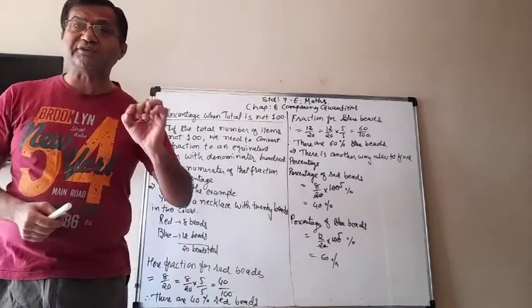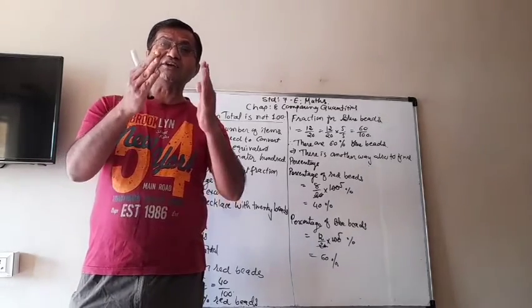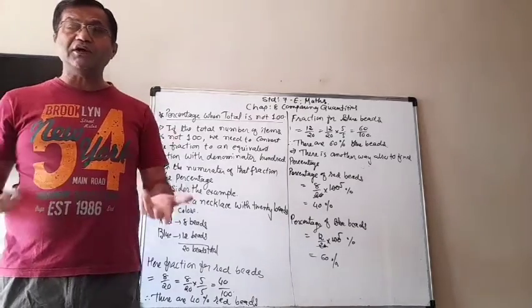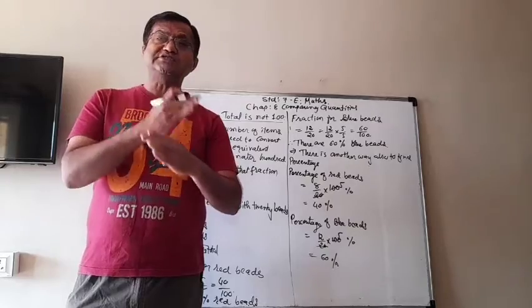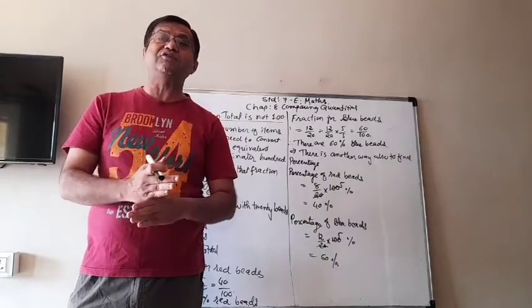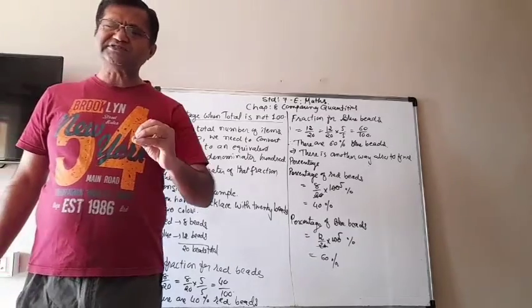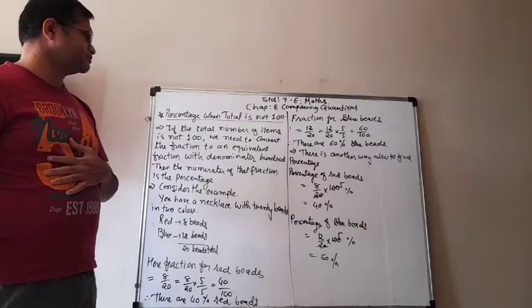Then it is not your 75%, because it is 75 out of 80, and therefore it is not your percentage. So in this situation, how can you find the percentage? Let us understand how to do that.